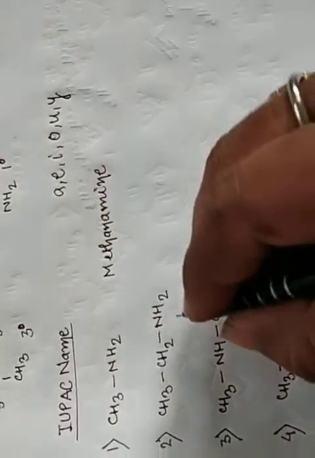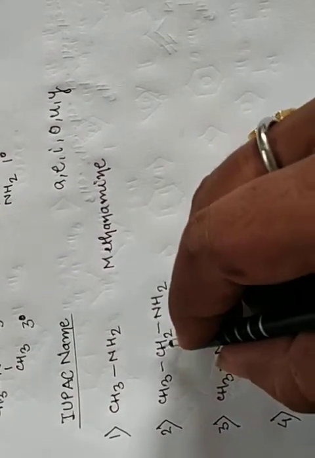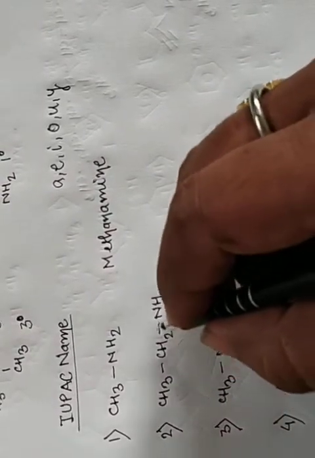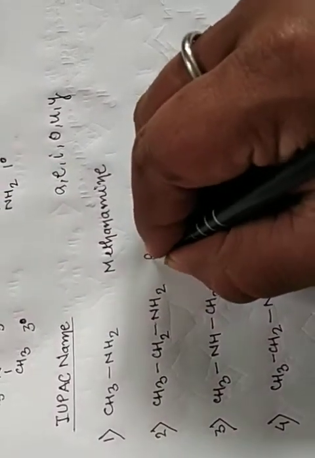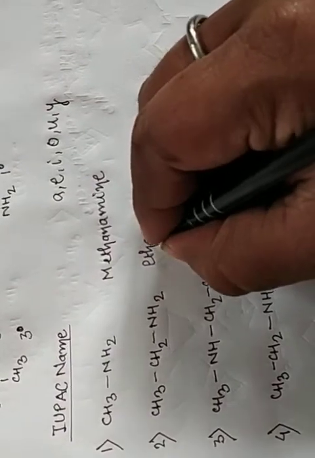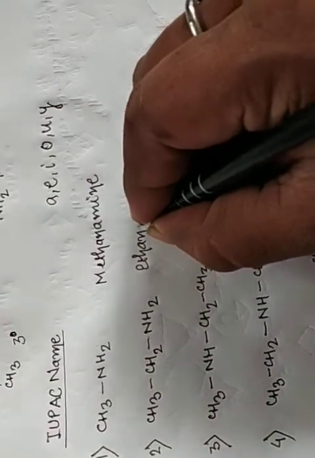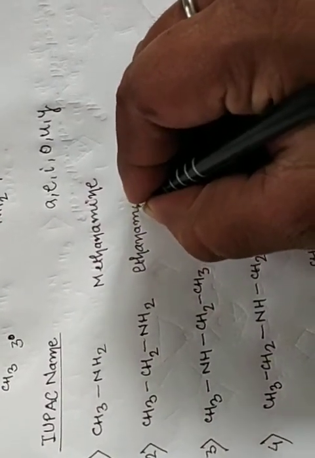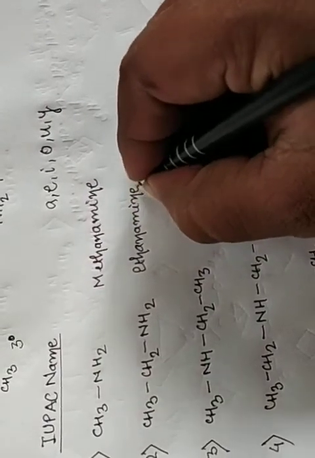Clear? The same, with 2 carbons it means ethane, and E replaced by amine gives ethanamine.